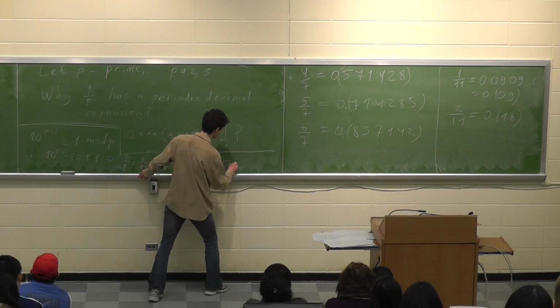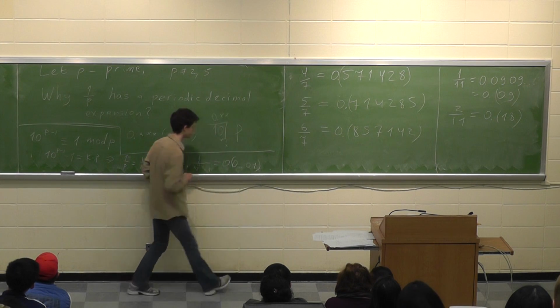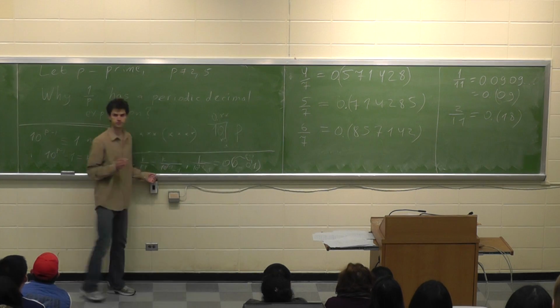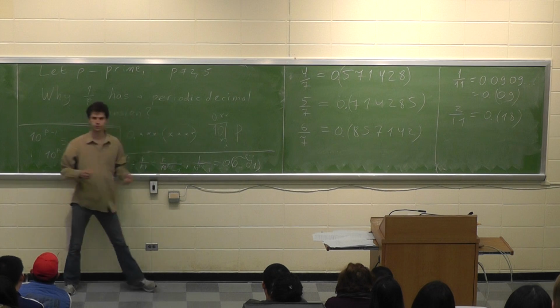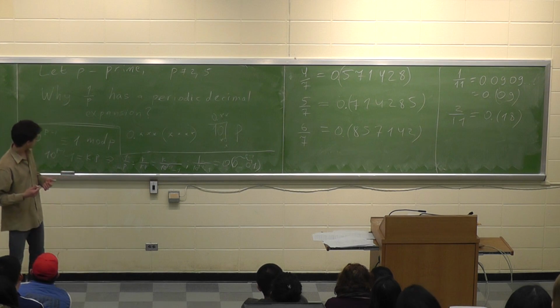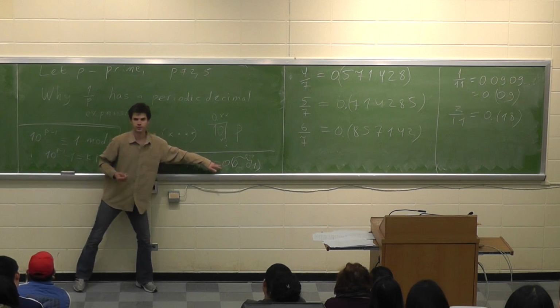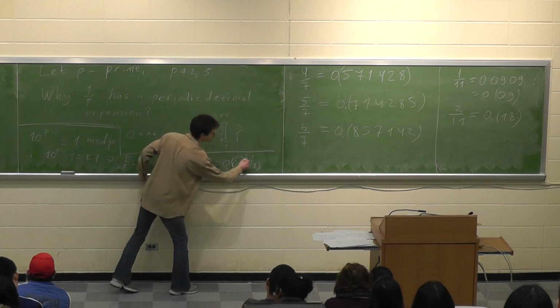I guess it's something like 0.001 with a period, and the number of zeros here is p minus 1. So once you multiply by any number k which is smaller than 10 to the power p minus 1 minus 1, you'll get a period with this number k.